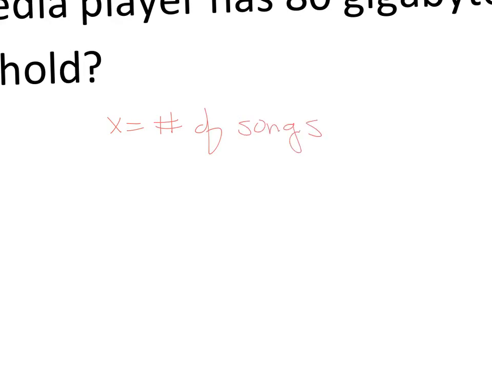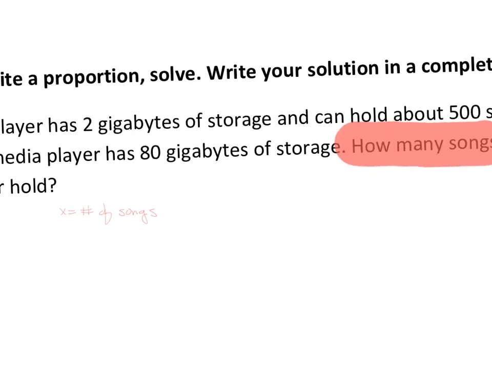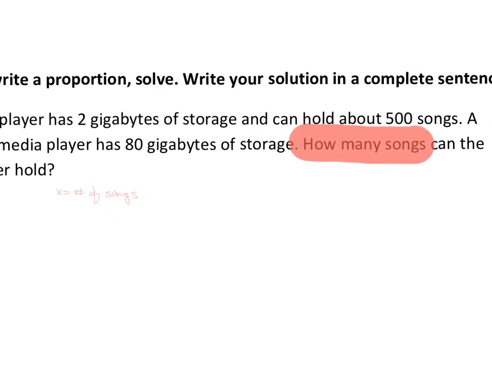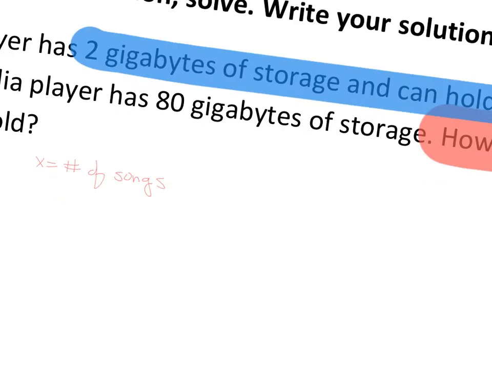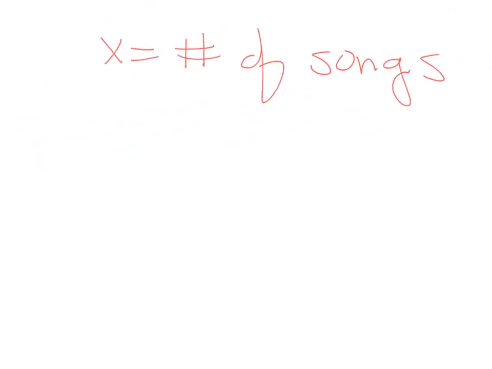Okay, so now writing a proportion, again, find a relationship, okay? So my first relationship here says we have got 2 gigabytes of storage and can hold 500 songs. So there's a relationship, so that's going to be my first proportion. So I'm going to write 2 gigabytes, I'm going to put G just for gigabytes, and 500 songs, so S for songs, equals, now if I put gigabytes on top on this side, I have to put gigabytes on top on this side.